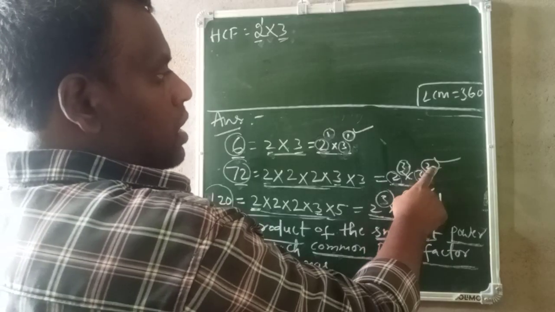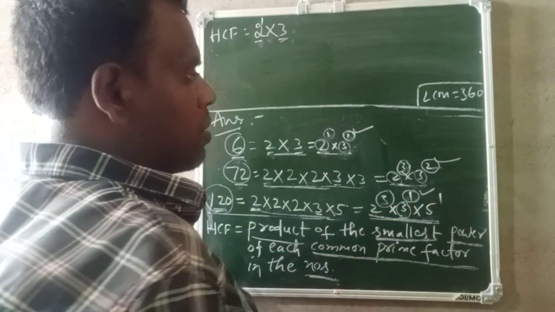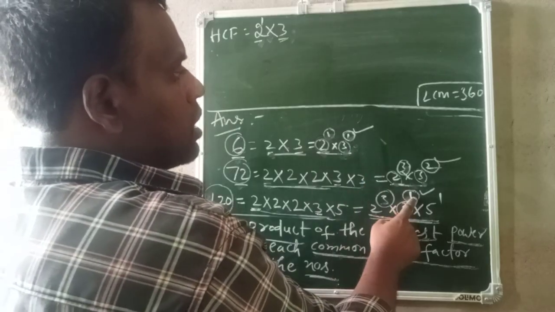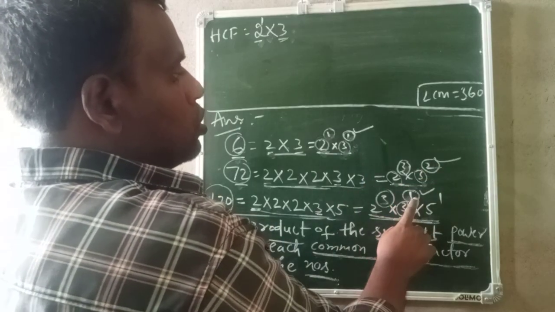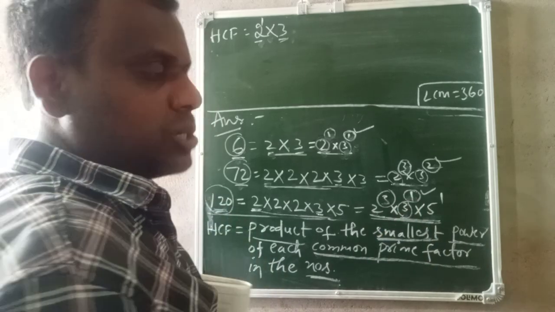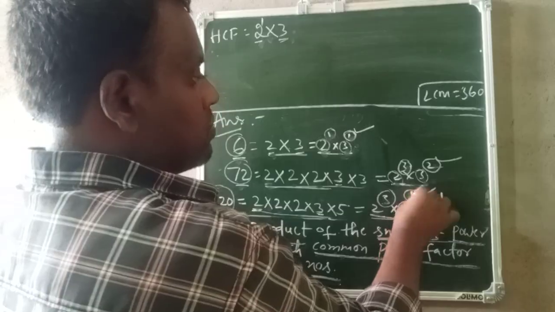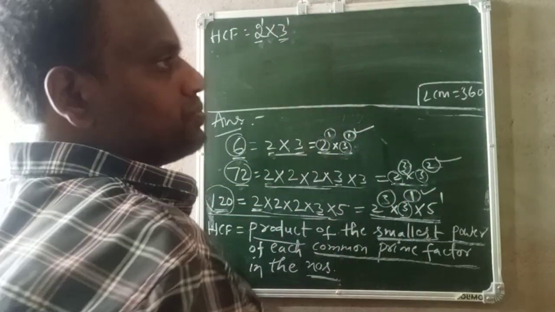See, 1 is smaller than 2. These two are the same, no problem. You take any one and compare with the other power 2. So 1 is smaller than 2, so 1 is the smallest power. That's what the definition is saying. So the smallest power is 1, so you consider 1 here.